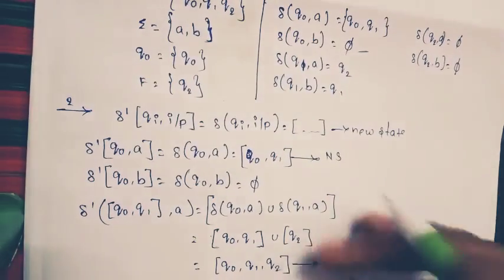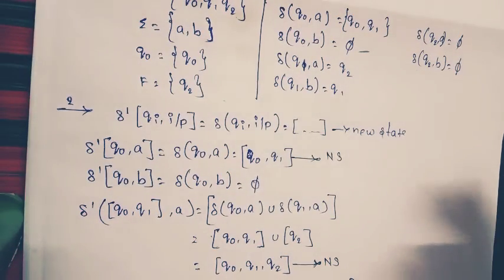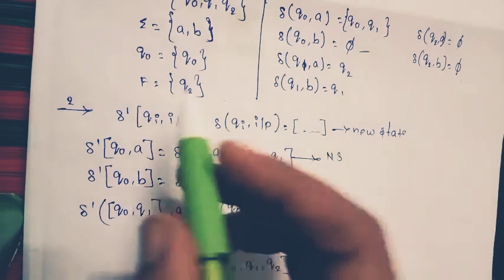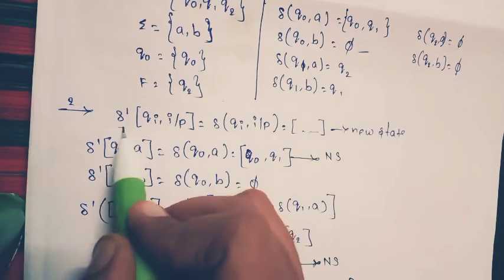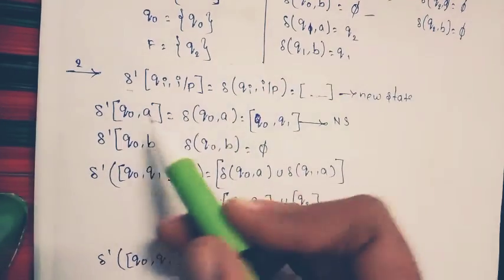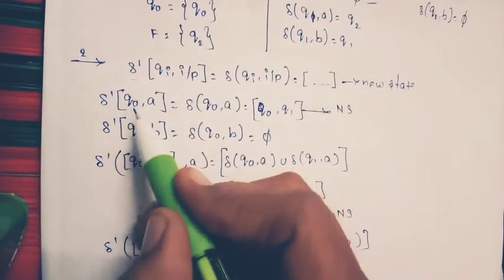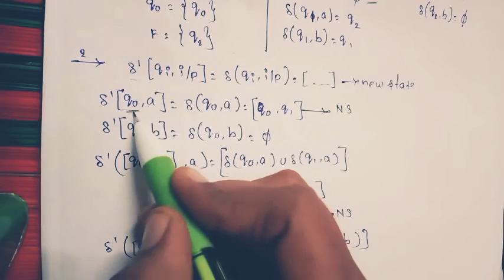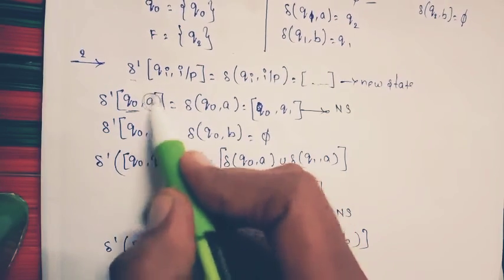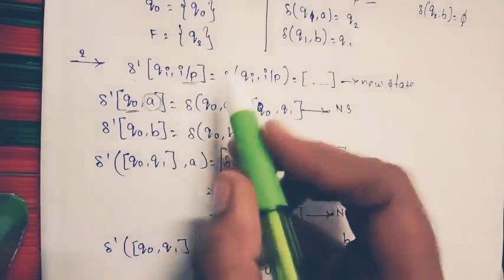Then let's come to the second step, guys. In this step, first of all, we need to compute delta dash. How to compute delta dash? I already told the formula. Just see here. Delta dash of Q0, this is the state, comma, this is the input symbol.